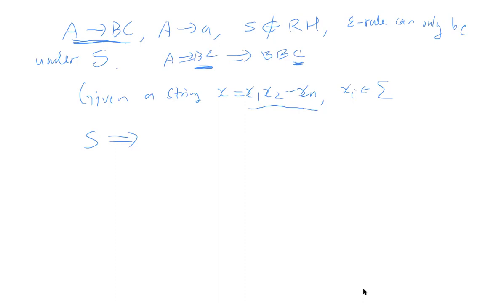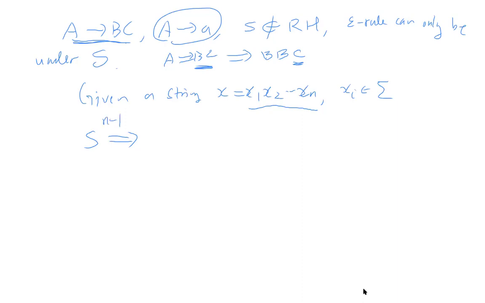Then using these rules, you can generate a string of length n. So how many steps do you need? To generate a sequence of n variables, you need n minus 1 steps.